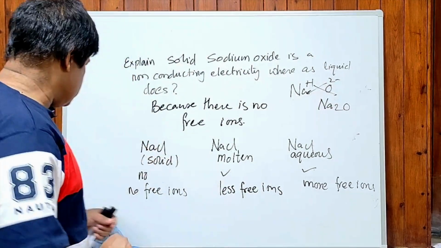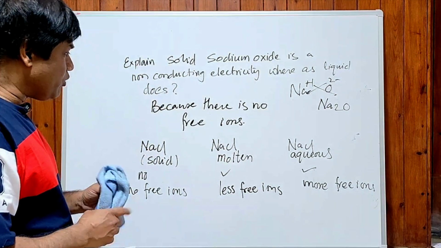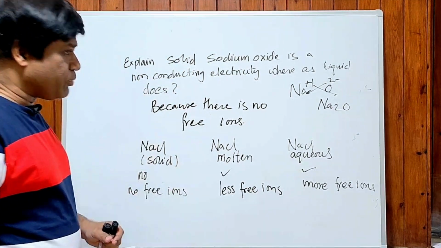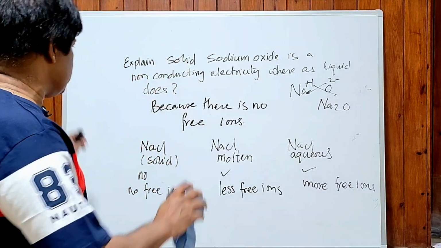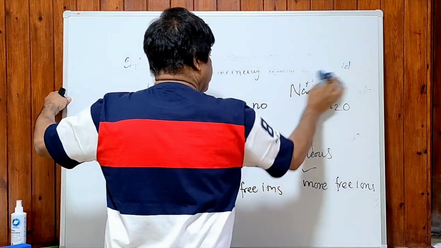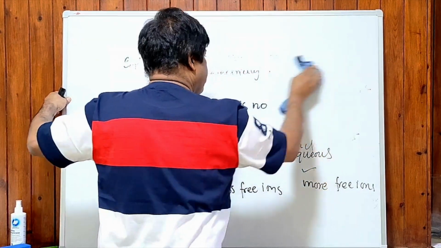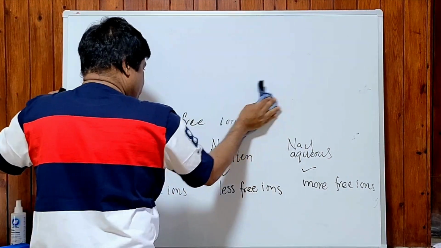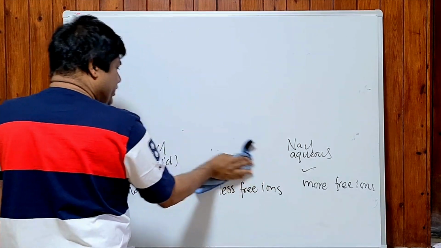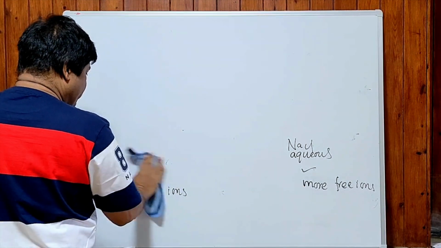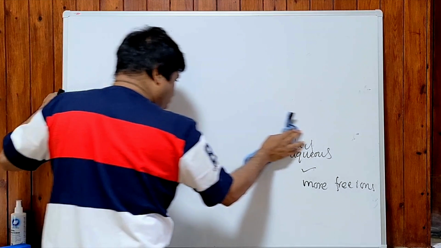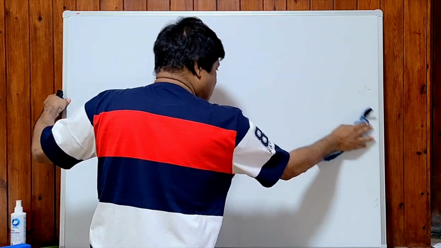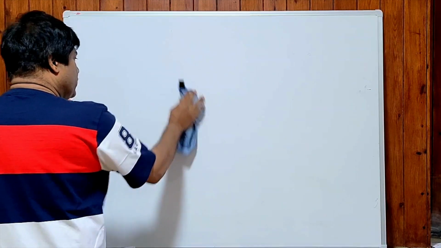Okay, one more question before I wind up my lesson, based on the chemical properties of ionic compounds. You know, they have high melting and boiling points. I will give you three ionic compounds and you have to let me know which one has the higher melting point.